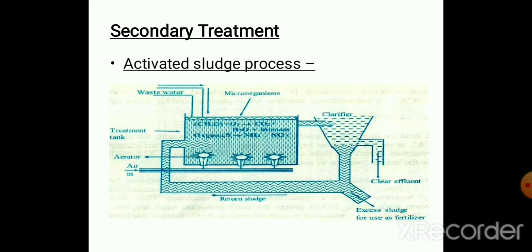As this process involves the oxidation of sewage using bacteria, that you can say the activated sludge, that is part of sludge previously oxidized, is added into the sewage water. Okay, so this activated sludge contains a large number of aerobic bacteria and other microorganisms also.